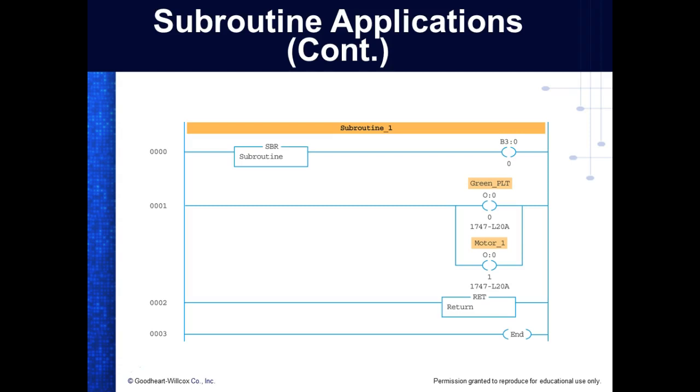So if you turn one on and then you go out of it, it's going to stay on until you come back to it. You just have to make sure that if you want it off before you leave the subroutine, you turn it off. But you can't access bits in a subroutine without calling the subroutine.